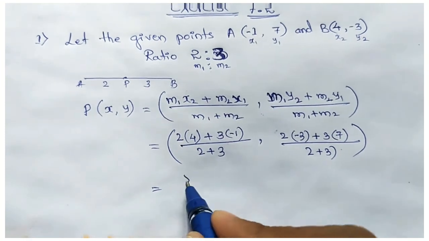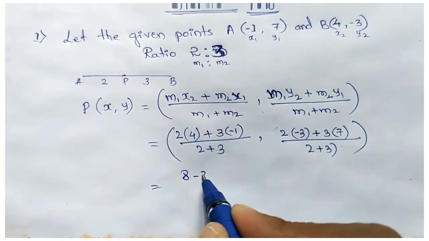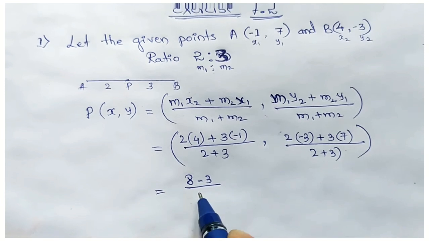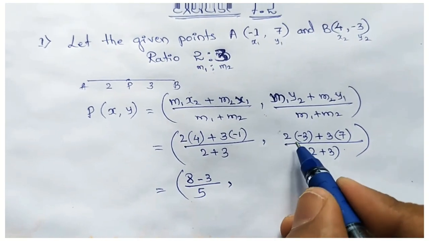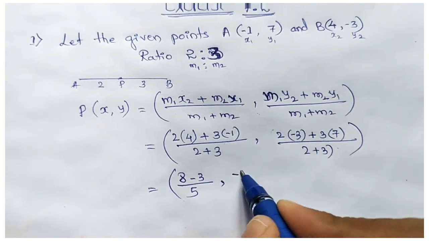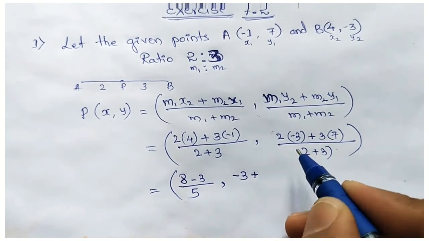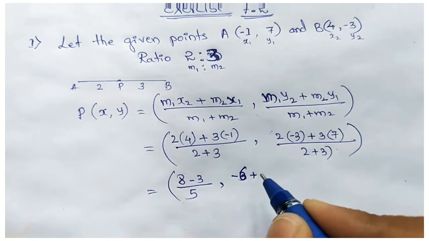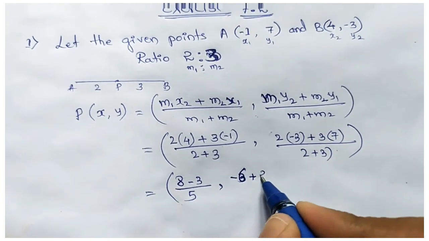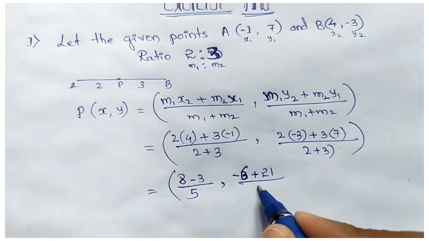Okay, so now do it. 2 fours are 8, plus 3 into -1 is -3, divided by 2 plus 3, that is 5. Next here, 2 into -3 is -6, plus 3 sevens are 21, divided by 2 plus 3, 5.